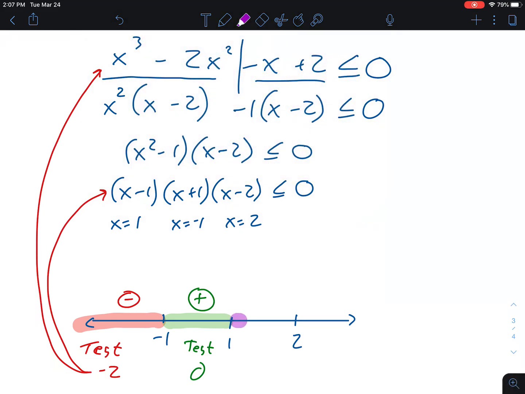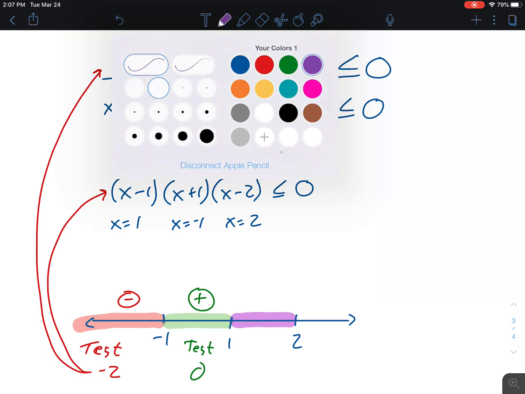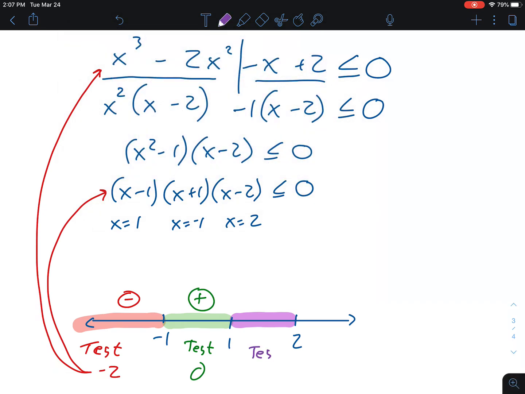Okay, let's do our next range. Let's look at between 1 and 2. A little bit annoying because I'm going to have to use kind of a weird number. I'm going to test the number 1.5.